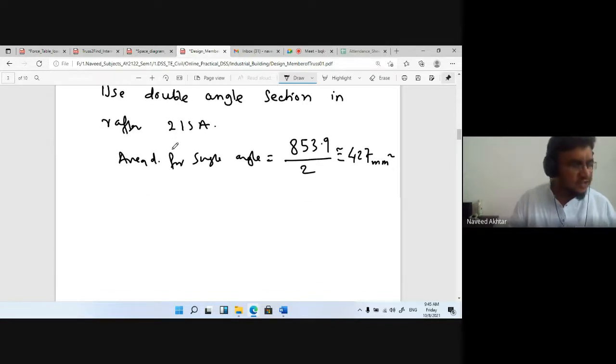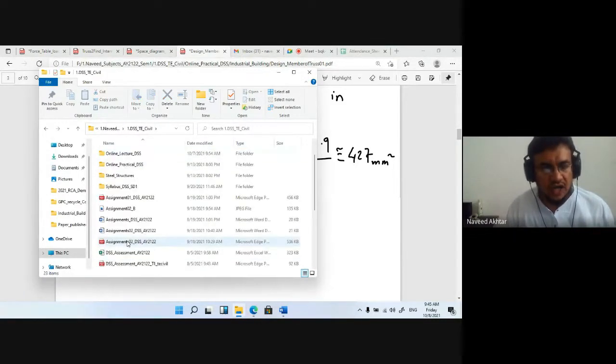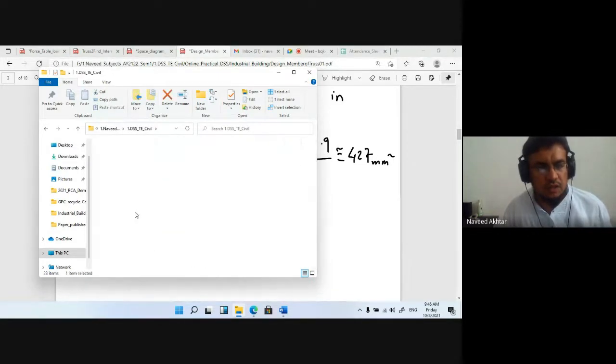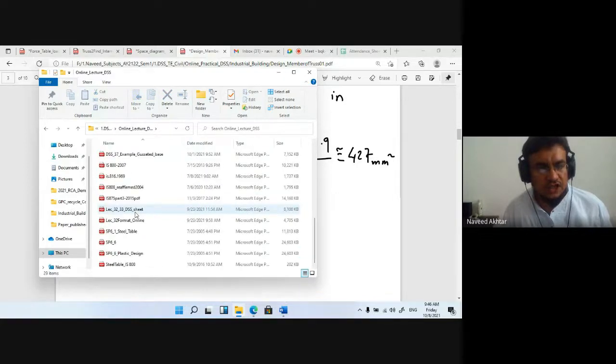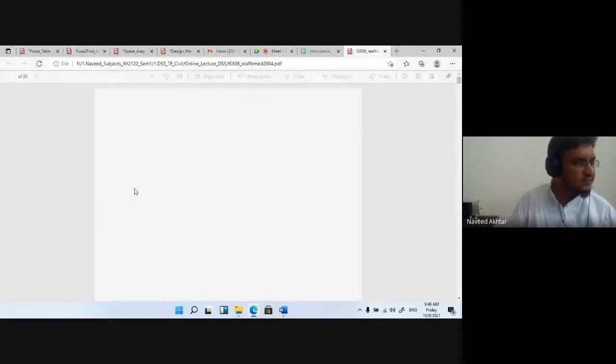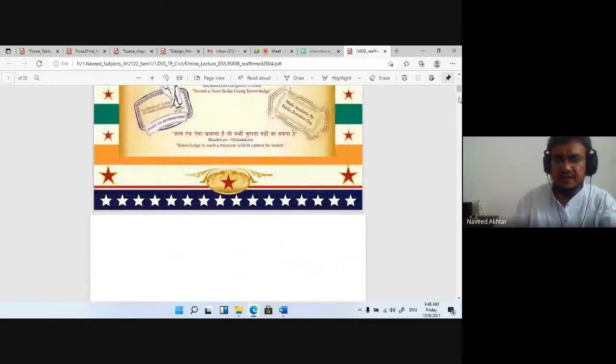Now you have to select the section based on this. The section you can select from the steel table, or from the IS code, IS 800 and IS 808. You can select the section, unequal angle section or equal angle section, whatever may be required.